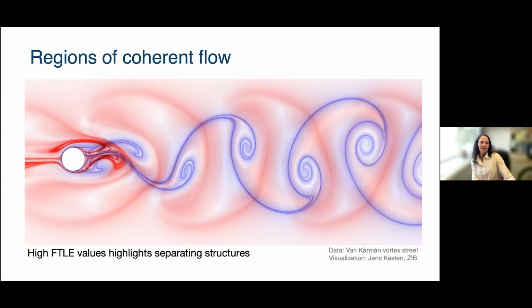And then we get very nice pictures, like here for the flow around the cylinder, where these blue structures here are structures where we have almost no flow that goes across them. So here we focus on the separating structures.